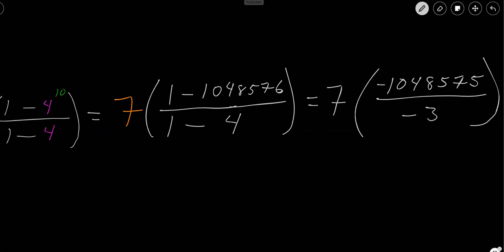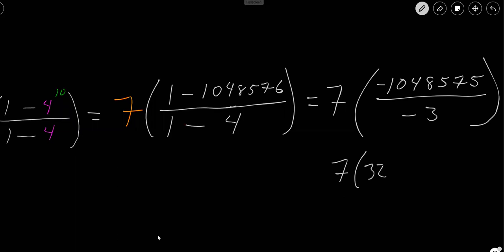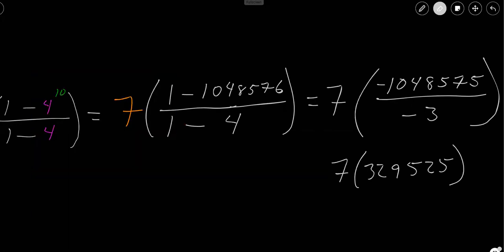Okay, again, get out the calculator or do it manually. So I've got negative 1,048,575. I divide it by negative 3, and I get 349,525. Oh, not 329, 349,000.